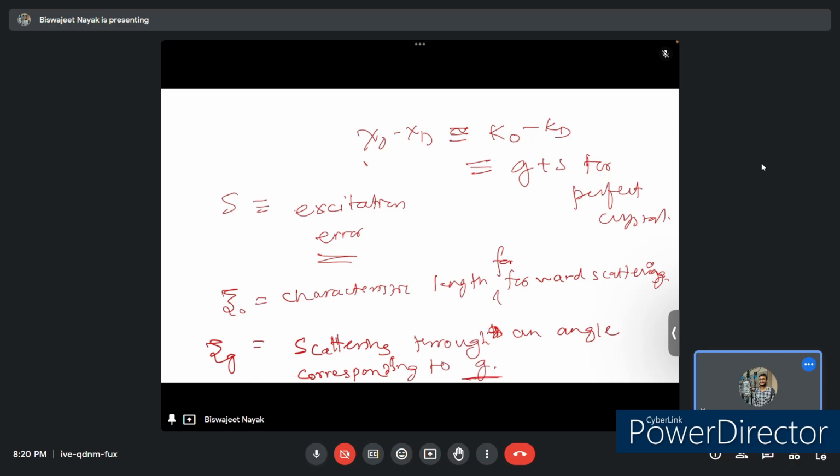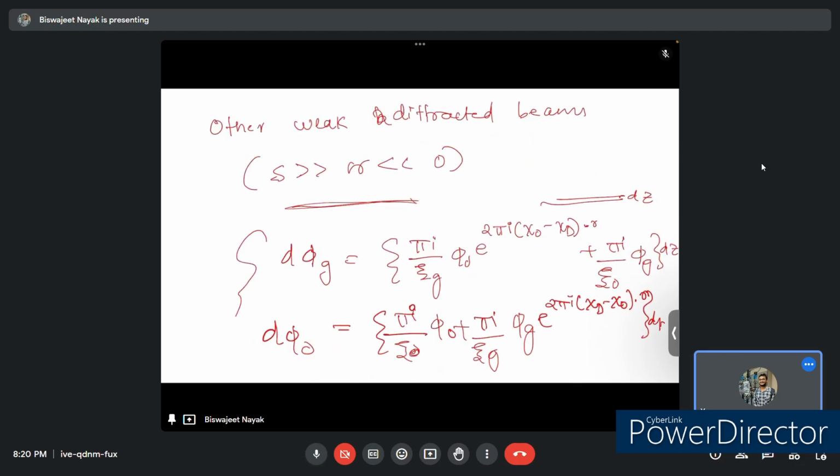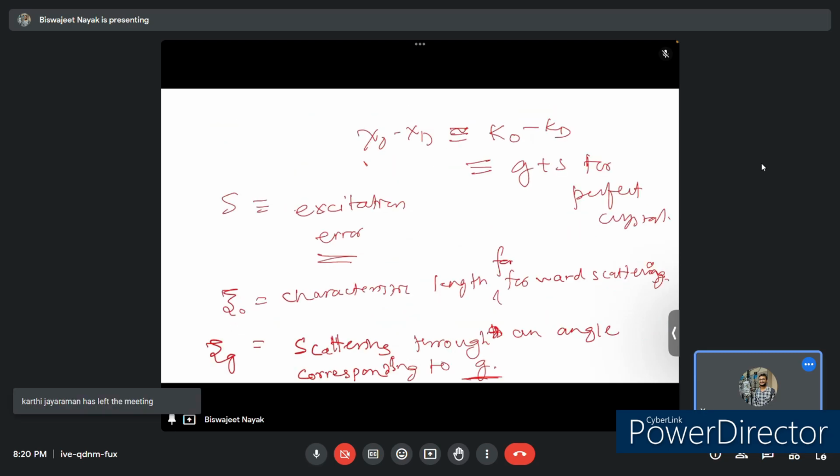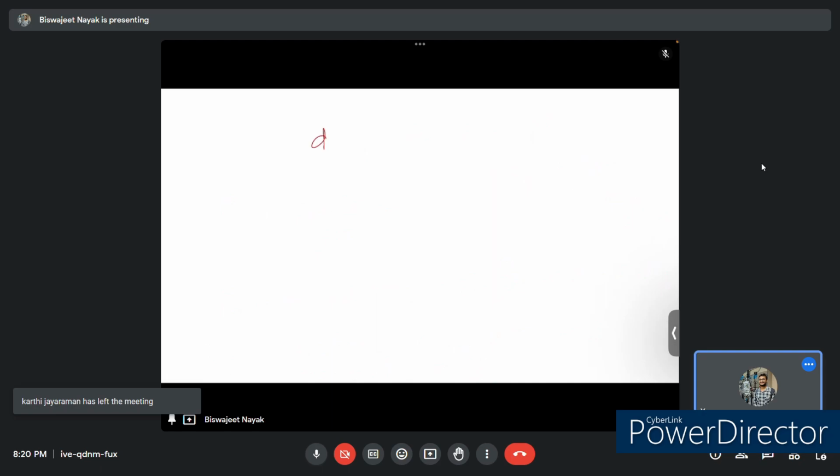So these two equations are called coupled differential equations, and when they are solved, phi 0 and phi g are dynamically coupled.